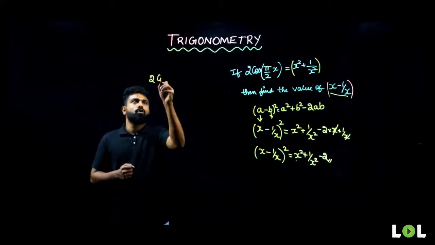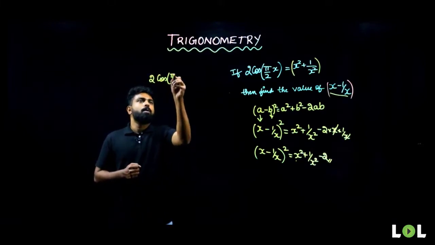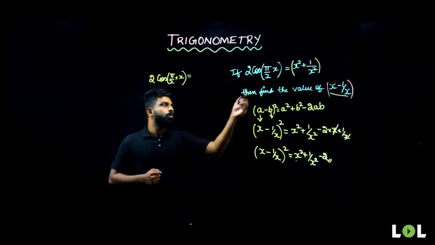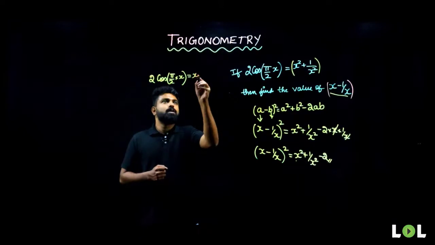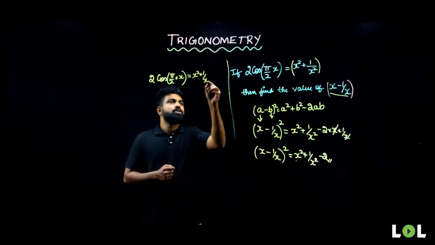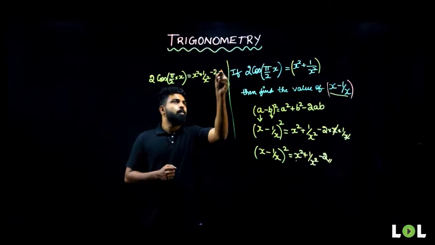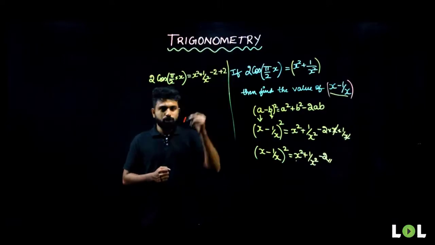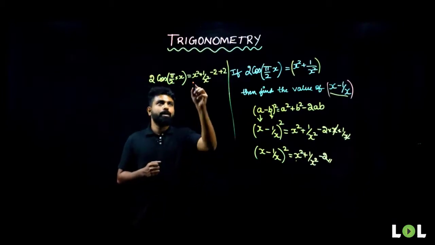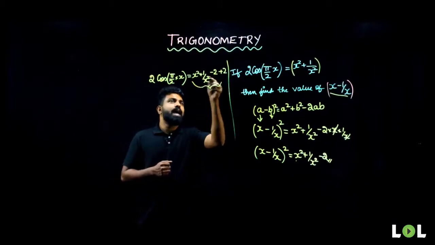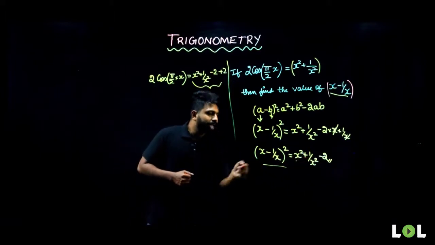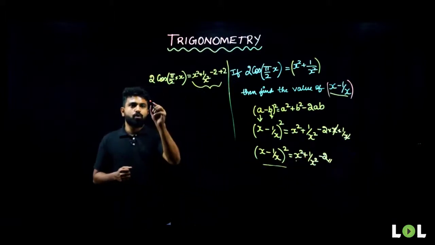I'll be left with 2 cos of pi by 2 into x, that will be equal to x square plus 1 by x square minus 2 plus 2. What is this? x square plus 1 by x square minus 2 can also be written as x minus 1 by x the whole square.